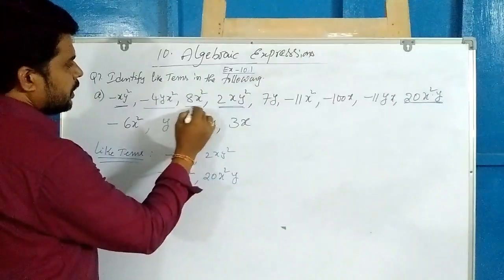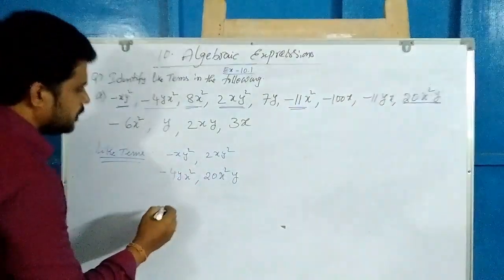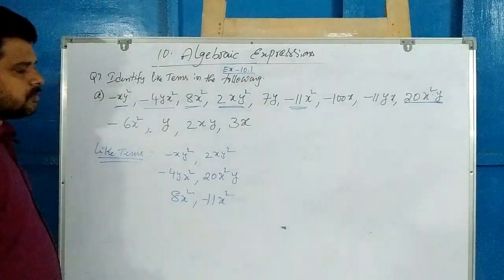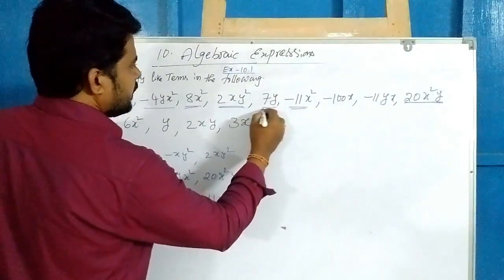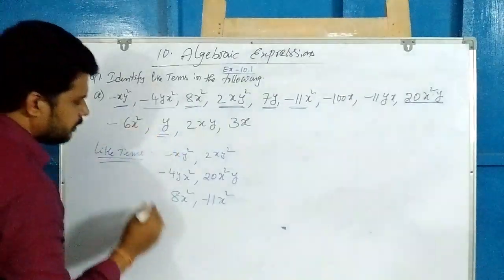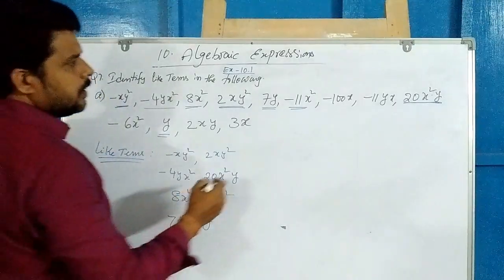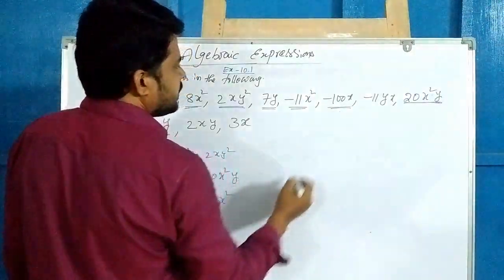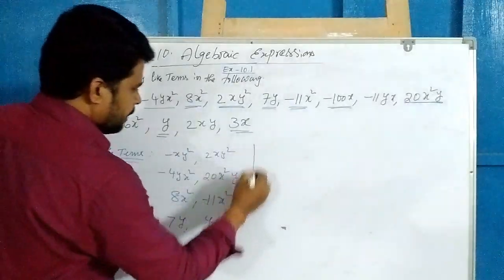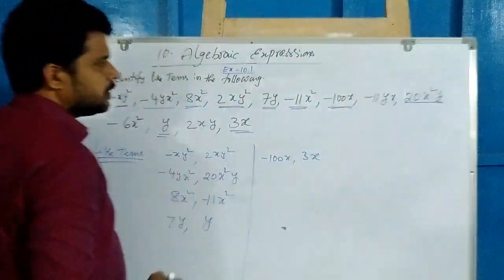Next, x square terms: 8 x square, minus 11 x square. Next, y terms: 7y and y. Next, x terms: minus 100x, 3x.